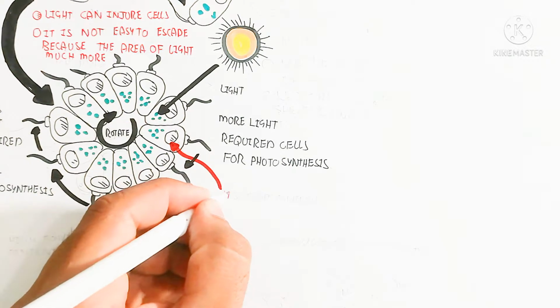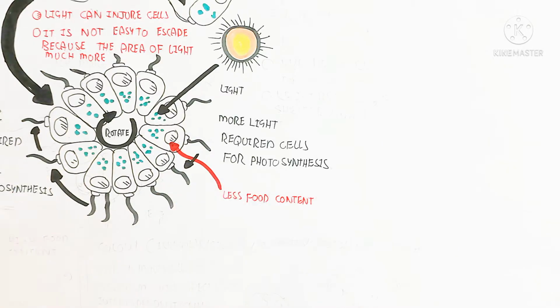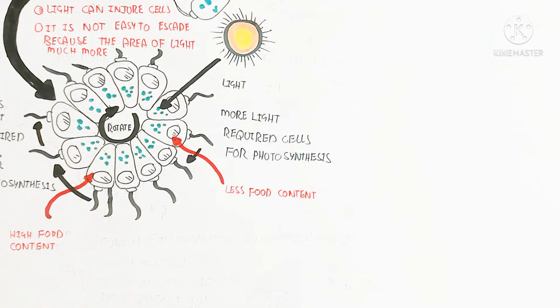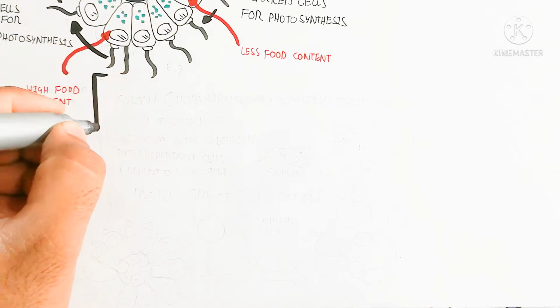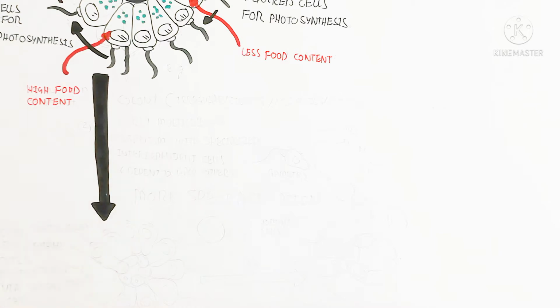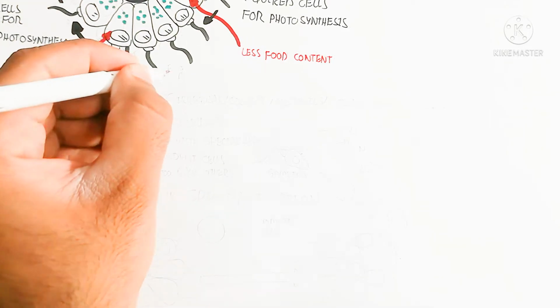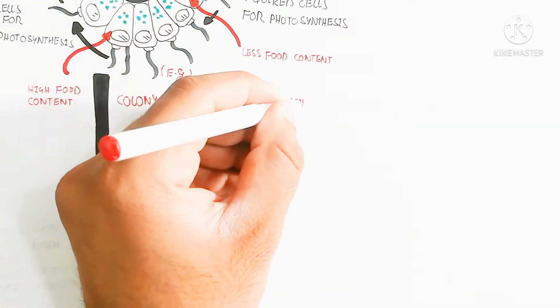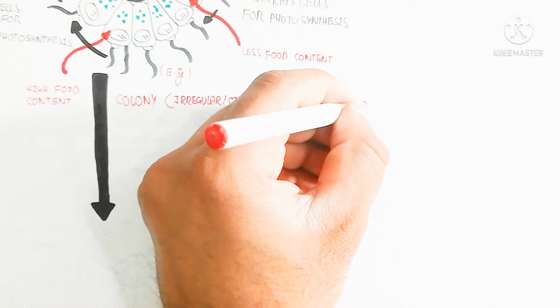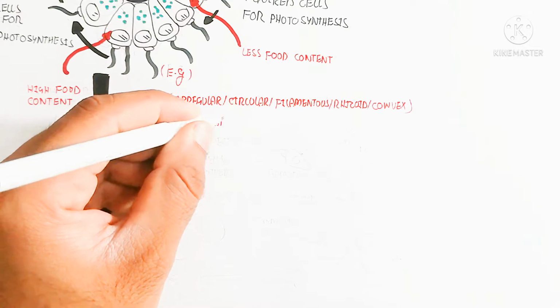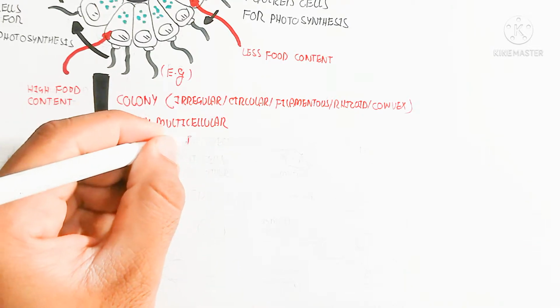The cells that require less light will move, and in this way high light intensity is detected and absorption is exposed. Here, the cells containing less food will face the light, while the cells with high food content will rest. It means the less light direction will be preferred through flagellated movement.